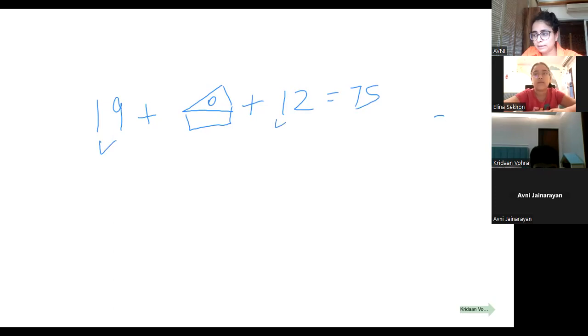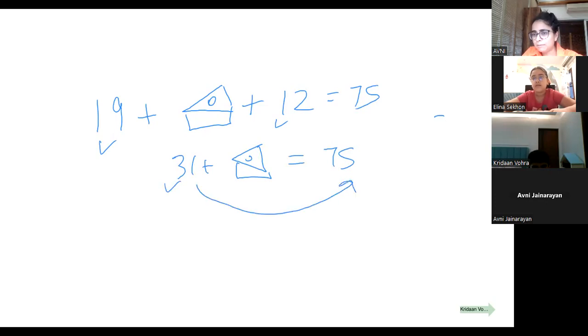Now we will add this. Elena, 19 plus 12, what is it? 31. Okay, plus the cake here. And as I have shared, anything on the left hand side, if we bring it here, plus becomes minus. Perfect.